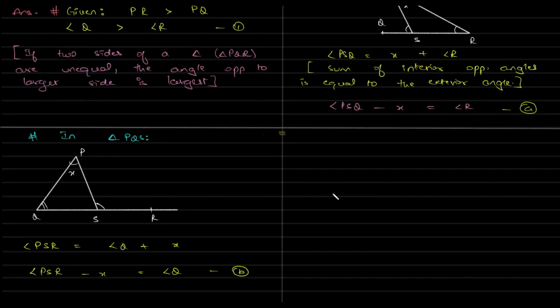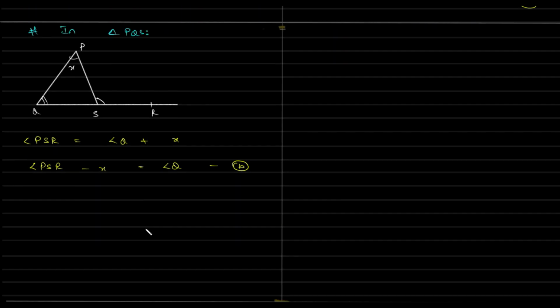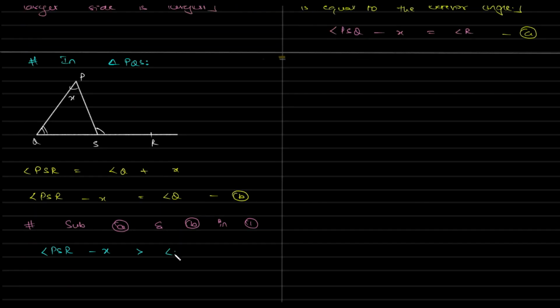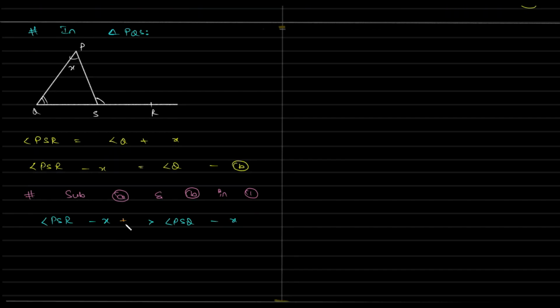So let's substitute A and B in 1. So what do we have? We have angle PSR minus X is greater than, and angle R is angle PSQ minus X. So in both of these we have X, that is common.